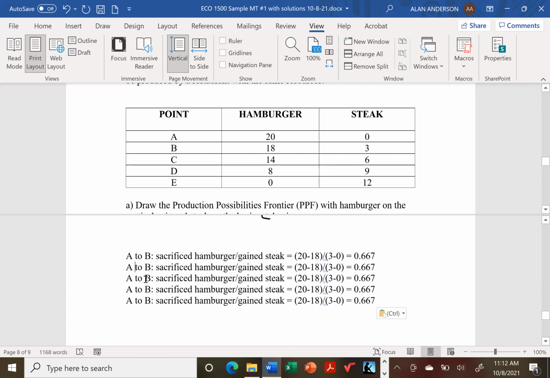from B to C. I go from 18 to 14 with our burgers, and from 3 to 6 with the steaks. Oh, you know what else I forgot to do? I forgot to write the fraction. This is 2/3. Okay, much better. This is 4/3.